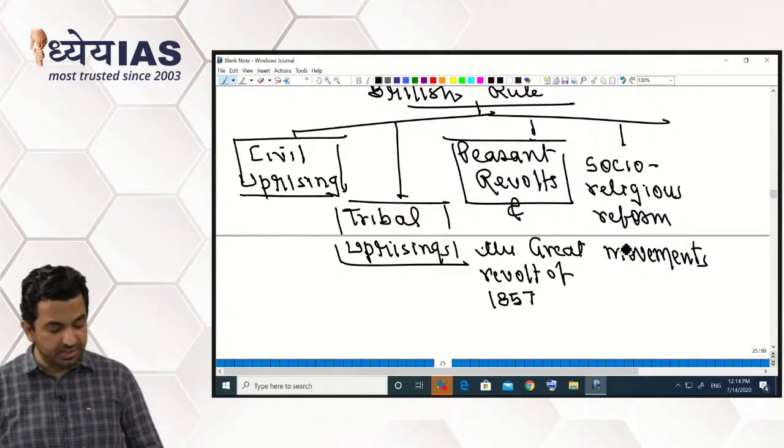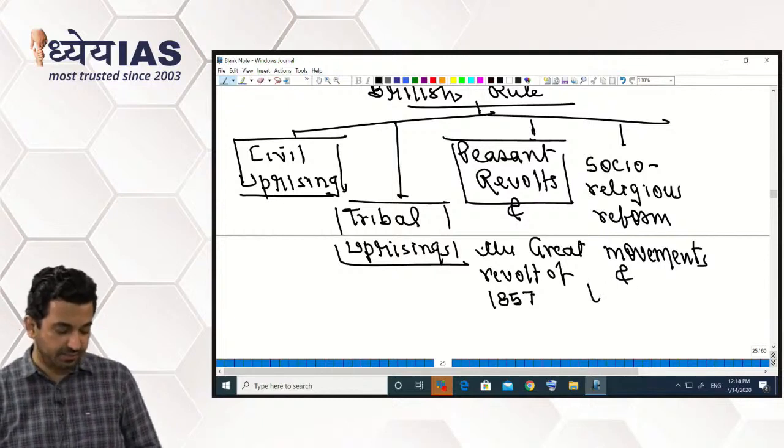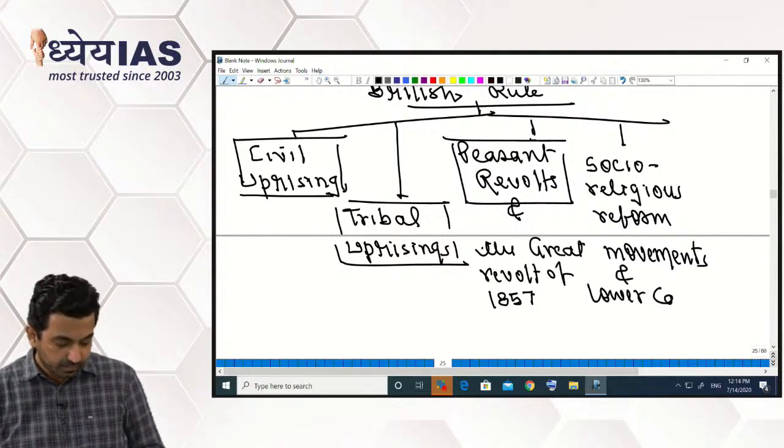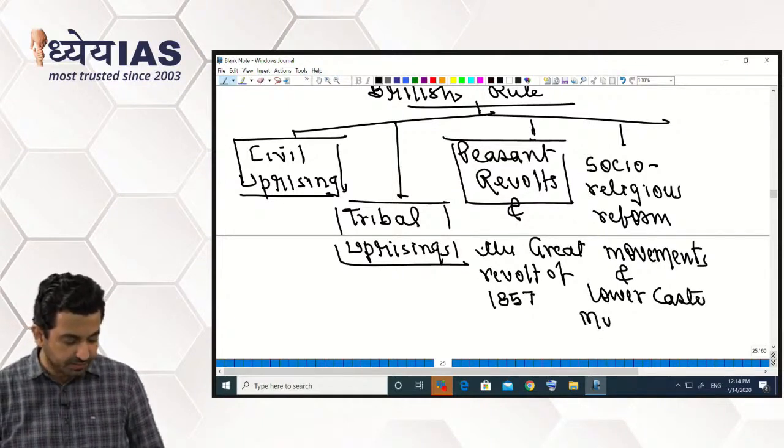So socio-religious reform movements and lower caste movements.